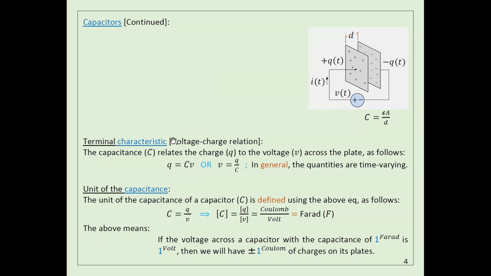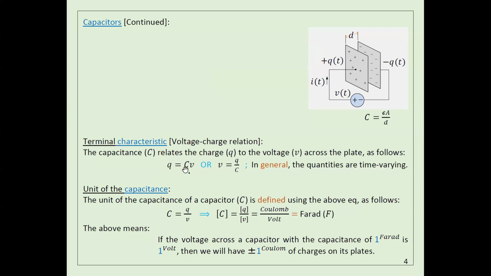You can see here, Q, the amount of charge, equals C times V, or V equals Q divided by C, where C is the capacitance. So for the same capacitance, as you increase the voltage, you can have more Q.